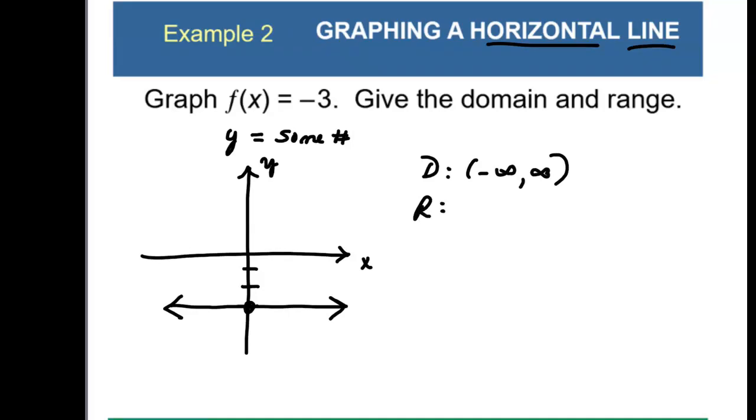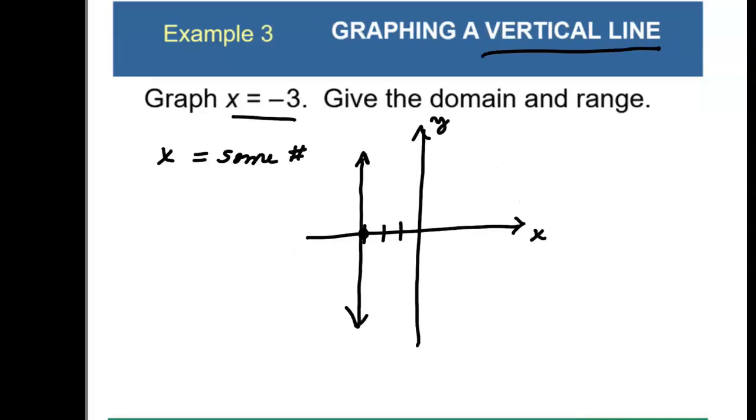All right, and then the range, because y is negative 3 and can't be anything else, we write our range as a single element in set notation. Okay, with the relation x equals negative 3, our domain would include just the single value, x can only be negative 3, and the y value can take on any real number value, negative infinity to infinity.